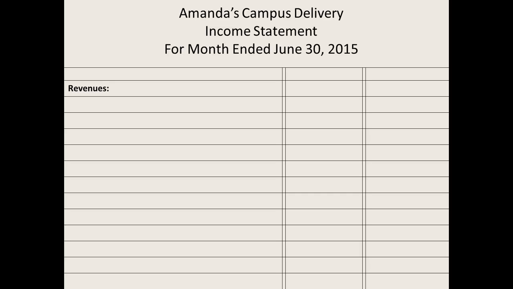Our first step is to put our label, which is revenues, and to list all of our revenue accounts. Now, since we only have one, it is going to go into the summary column. 2150 goes into the summary column, and that should say delivery fees as opposed to consulting fees.